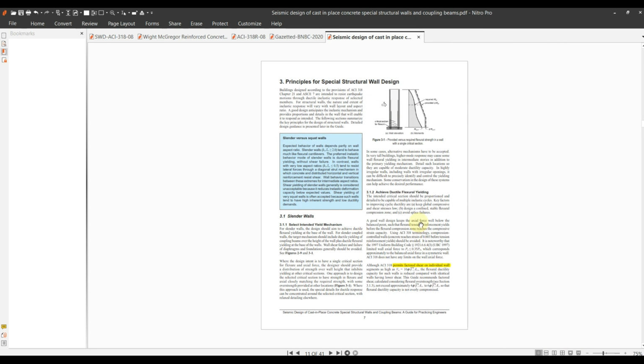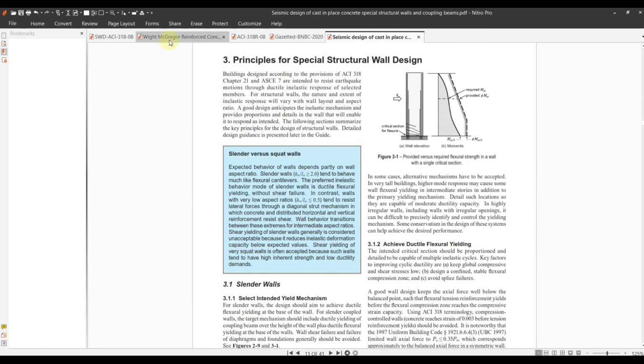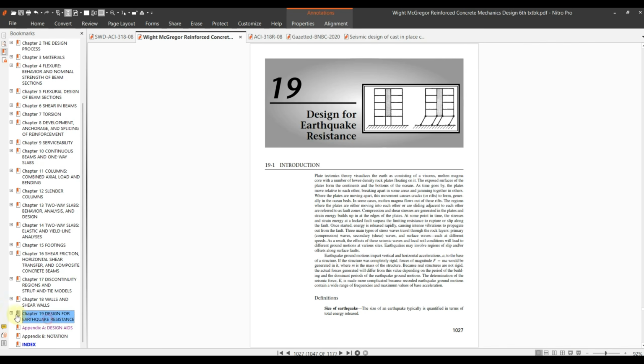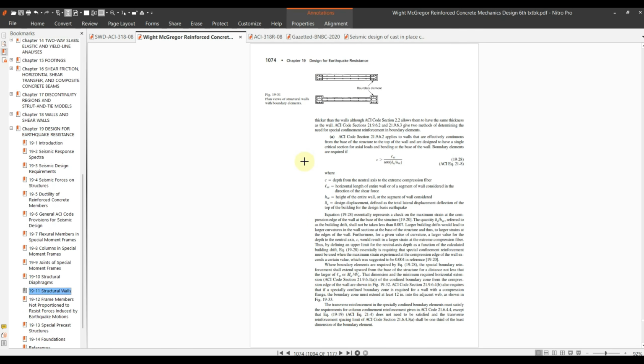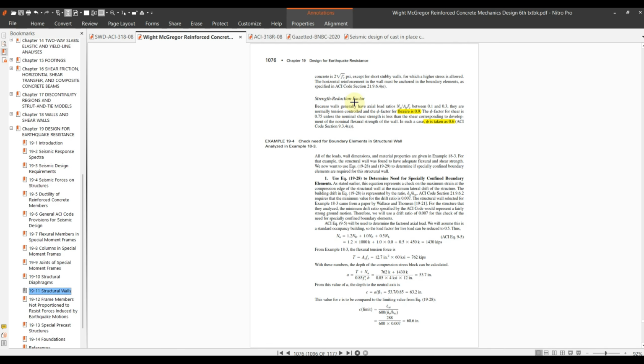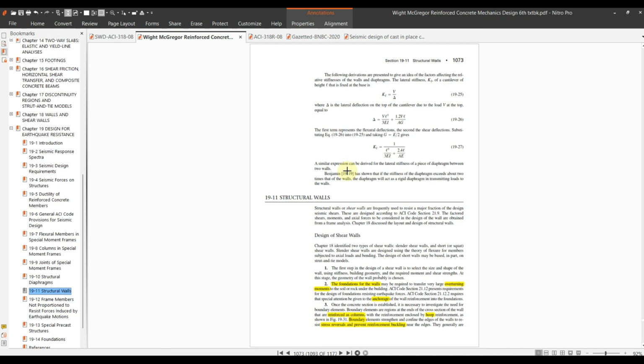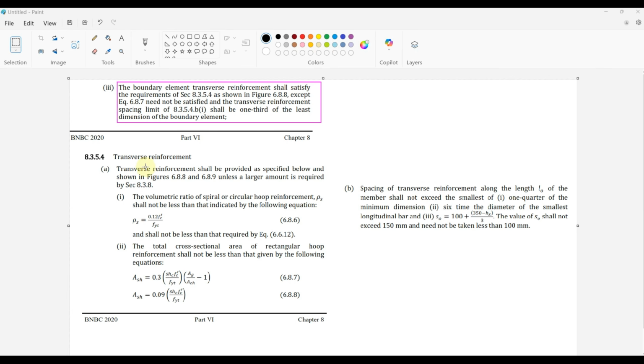So we have almost covered everything. The only thing left is the hoops reinforcement requirement in the boundary element. This can be found in the code, of course. Otherwise, you can consult this book. The BNBC code and the ACI code say the same things regarding the boundary element transverse reinforcement requirement.